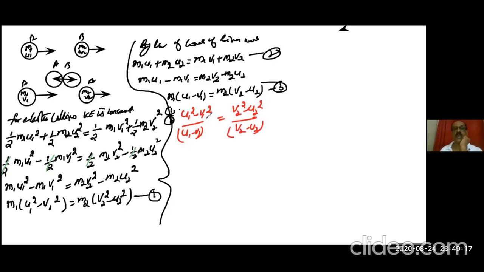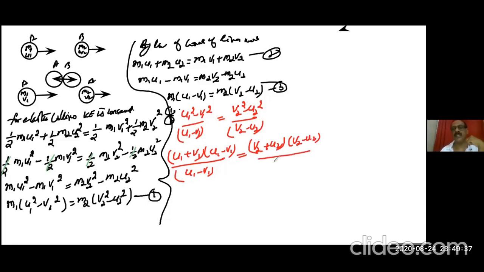This is a squared minus b squared, that means a plus b into a minus b. So u1 plus v1 into u1 minus v1 divided by u1 minus v1 is equal to v2 plus u2 into v2 minus u2 divided by v2 minus u2.